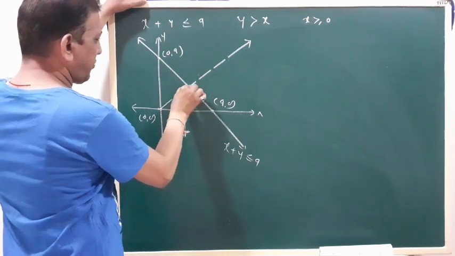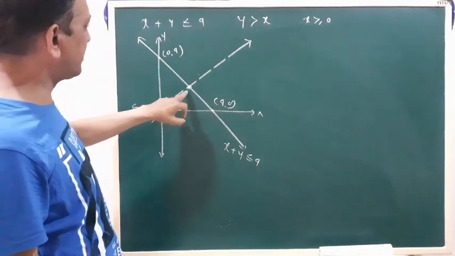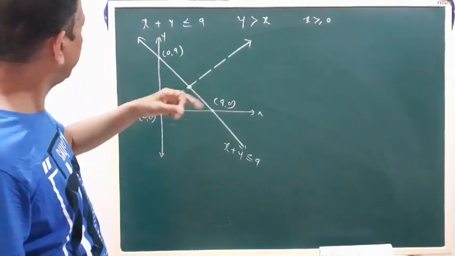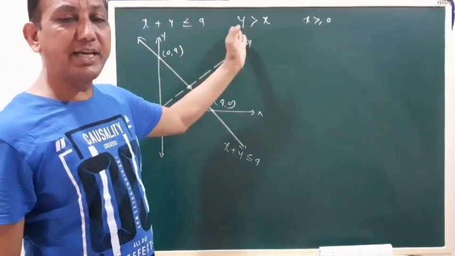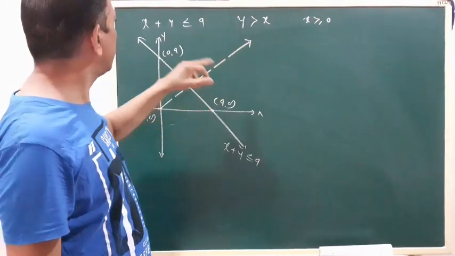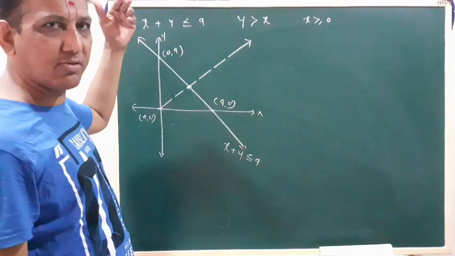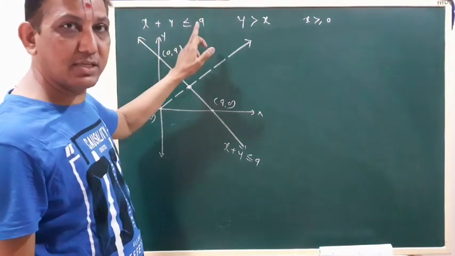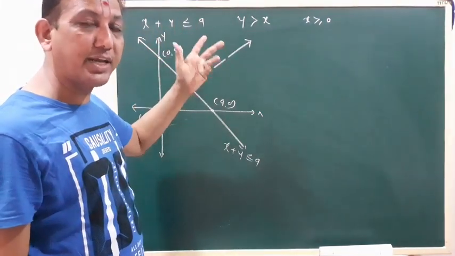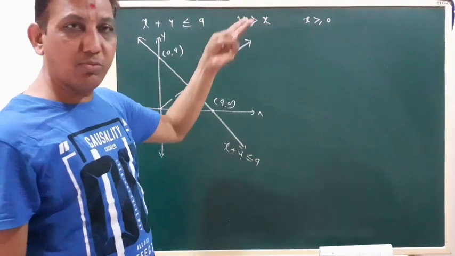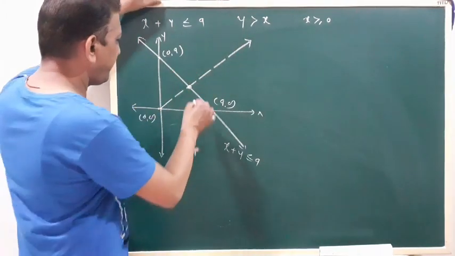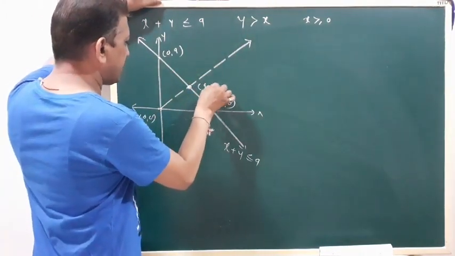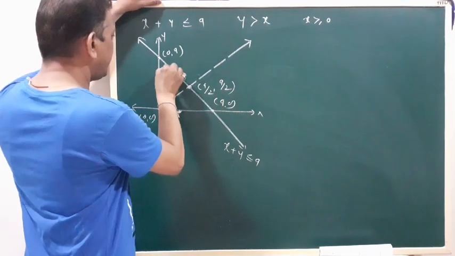And the common point is the intersection of these two lines. Suppose y equal to x. Put y equal to x: x plus x equal to 9, so 2x equal to 9, x equal to 9 by 2. And x and y are both equal, so the intersection point is 9 by 2, 9 by 2.